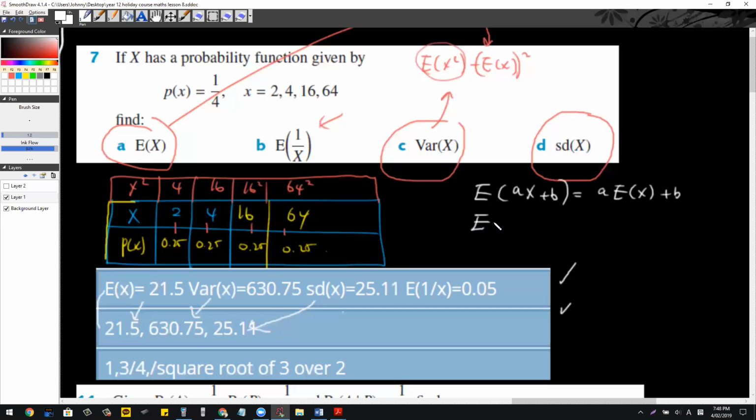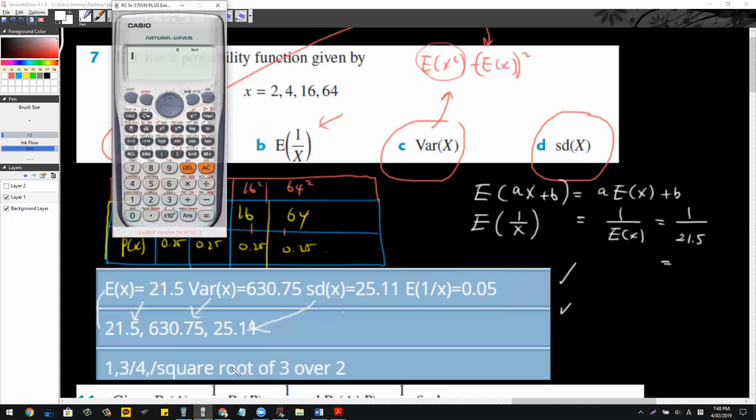So if I have the expectation value of 1 over x, is that going to be 1 over the expectation value of x, so that it's 1 over 21.5, which gives us, like this person says here, 1 over 21.5.